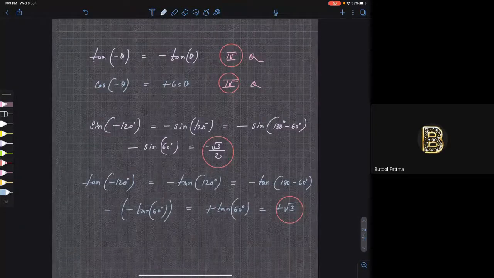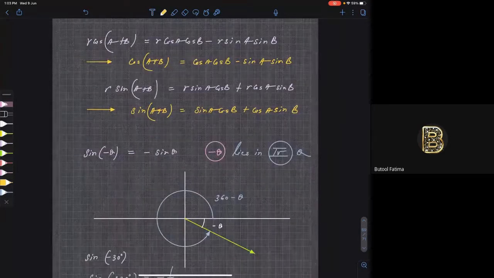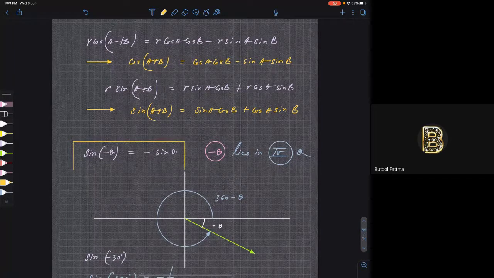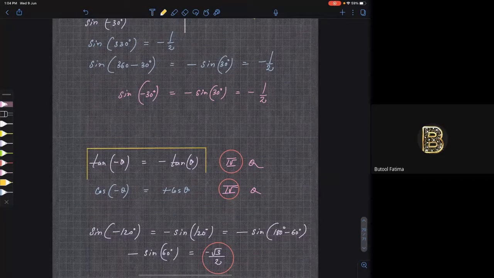I'll write the new formulas in yellow boxes. So this is one new formula you learned. This is another new formula you learned: tan of minus theta is equal to minus of tan theta.